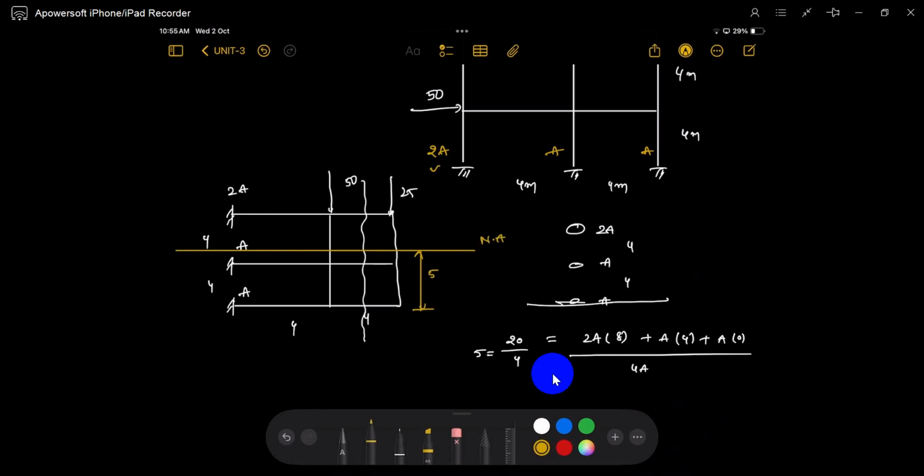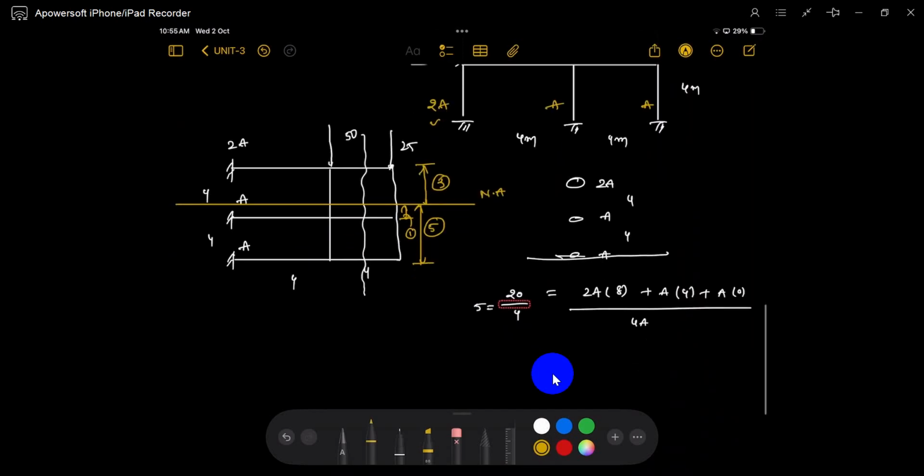Do you understand? It's the nodal axis. What is the distance of this column? It is 3. What is the distance of this column? It is 1. And 5. Okay. What is the I value, the I value of the section? So again I will show this nodal axis: 3, 5, 1.